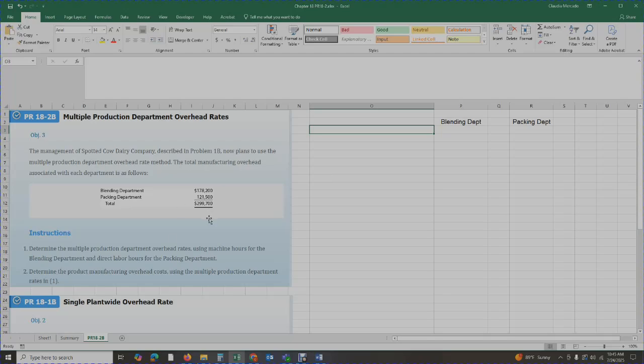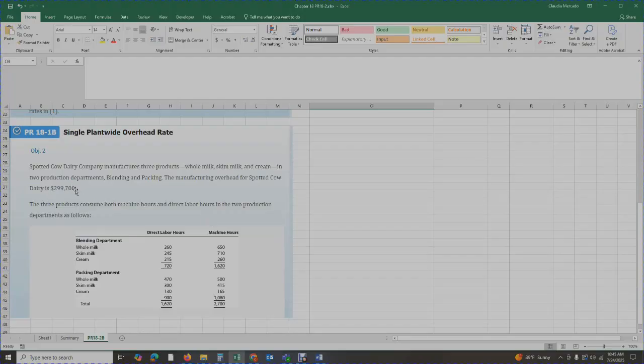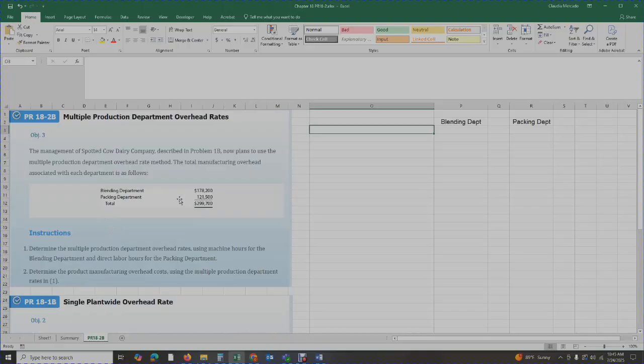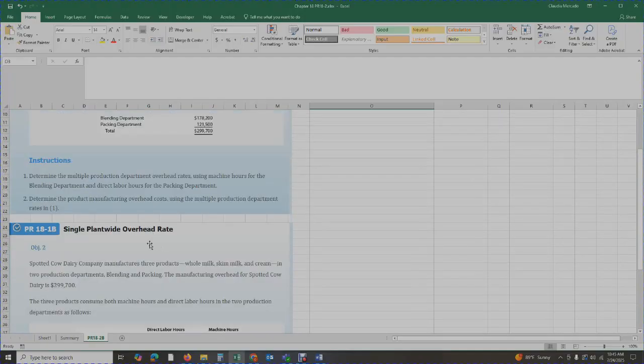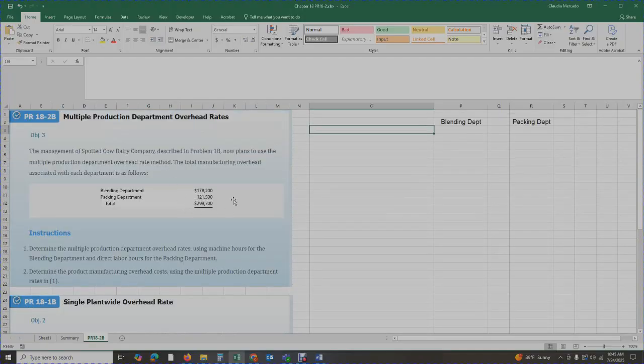Now if we look at problem 1, that is the total amount that was provided to us in the first section. It's just that now they are providing us with the allocation by department. Before we were only given the total when we were doing the single plant-wide rate, and now we need the departmental information to be able to calculate the multiple production rates.